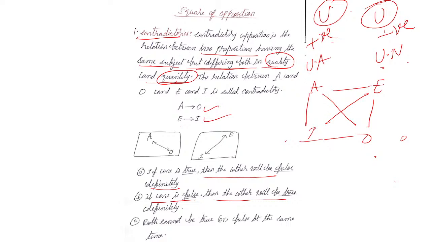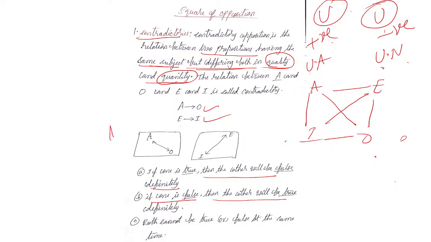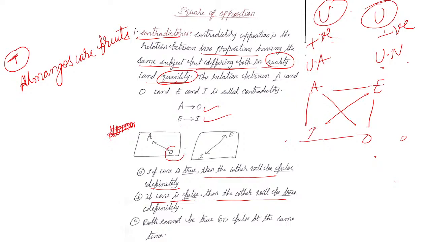Suppose we take "All mangoes are fruits." If we take this as a true statement, then what is the O type statement?